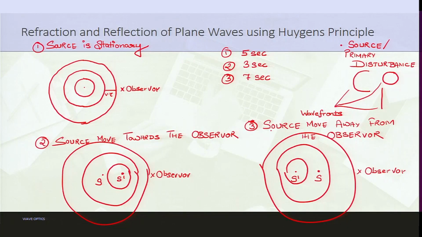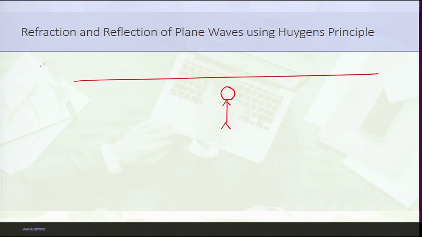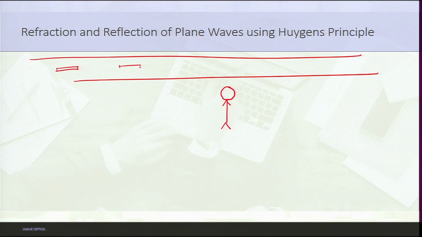I will try to explain the same thing again by using another example. Let us suppose that you are standing here. Let this be the road. To be more clear, you are standing just near the road.